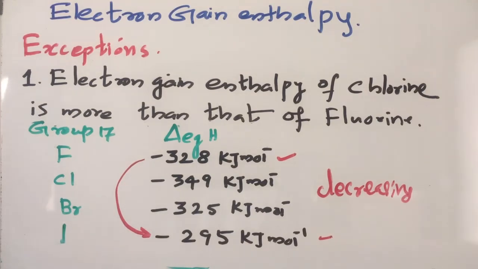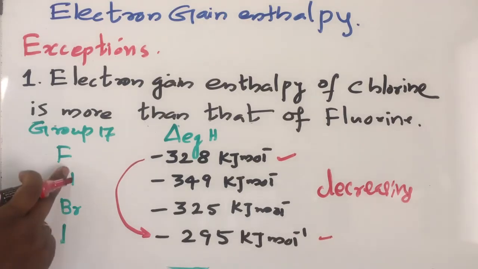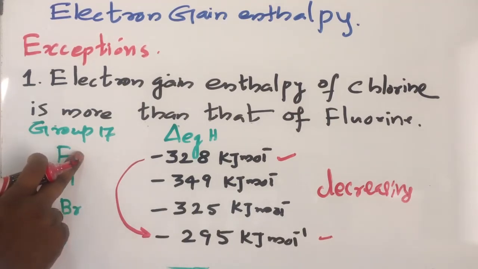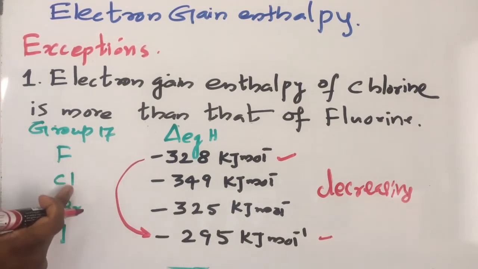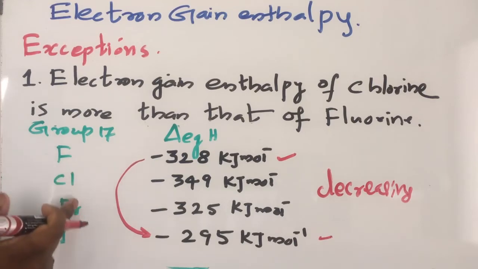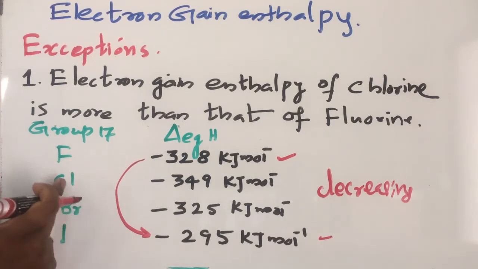According to the general trend, what can we expect for fluorine and chlorine? We can expect low electron gain enthalpy for chlorine compared to fluorine, because chlorine comes below fluorine and top to bottom electron gain enthalpy will decrease. So normally we expect low electron gain enthalpy for chlorine.